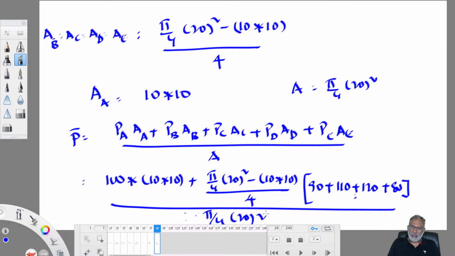So let us first work out pi by 4 into 20 square, minus 100 by 4, into 90 plus 110, 200, 200 plus 200, 400, into 400, plus 100 into 100, divided by pi by 4 into 20 square.